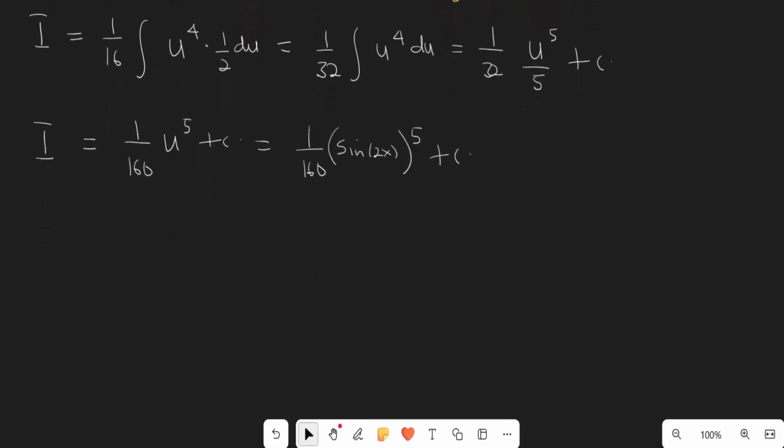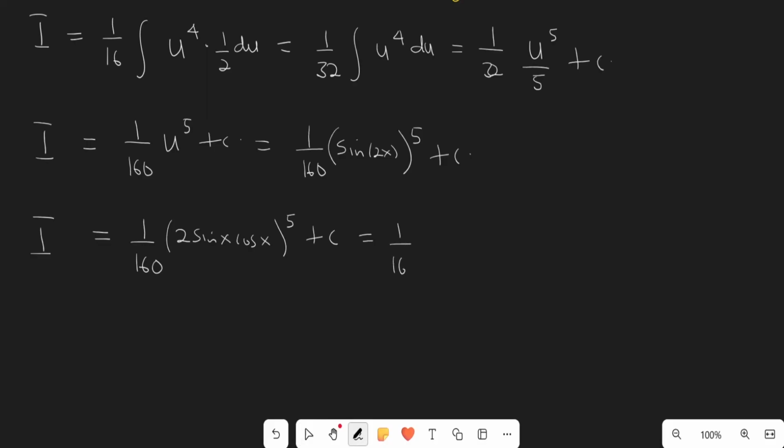You can stop here, but let's do some simplification. So this is going to be 1 over 160, and then sine of 2x can be written as 2 sine of x cosine of x, all raised to the power 5 plus the constant of integration.